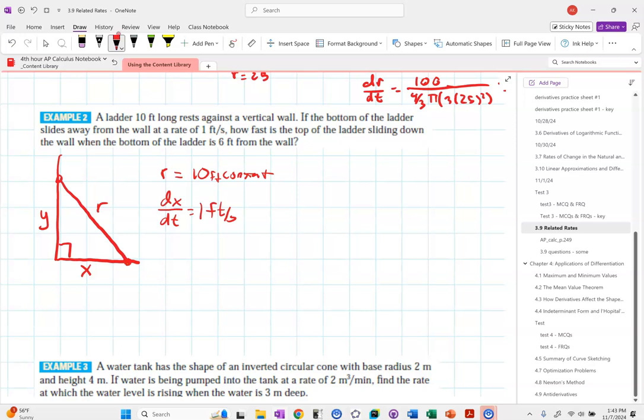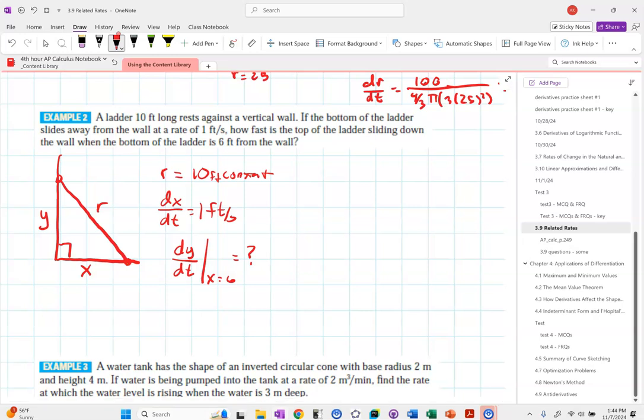What is that asking for? When x is equal to 6. Is everybody okay with how we've labeled everything?